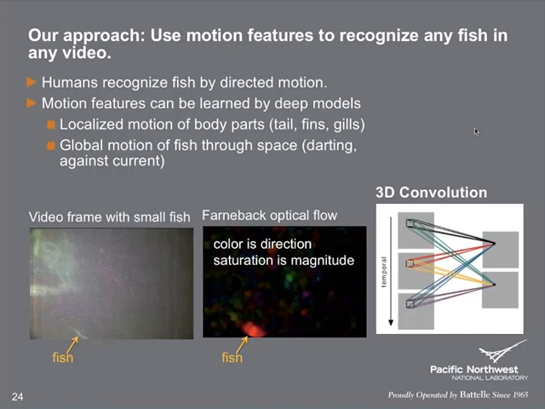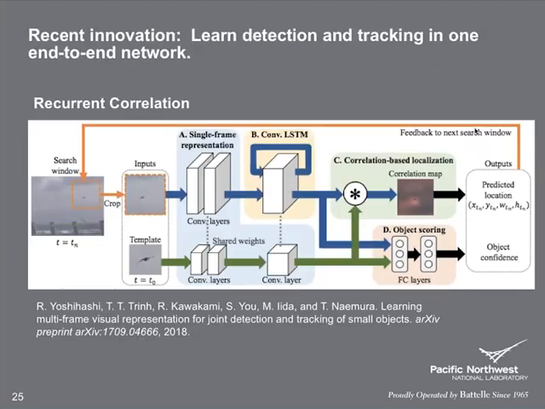And one way to capture that using the deep learning approach is to use 3D convolution features in two-dimensional images, but use a sequence of images, the frames from a video, and include a temporal component in there, so that you can start learning motion features.